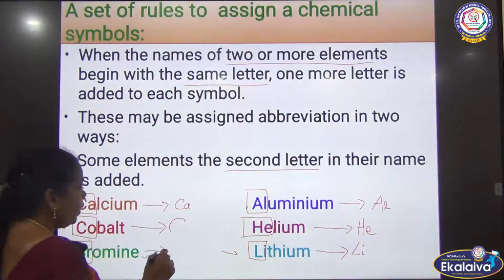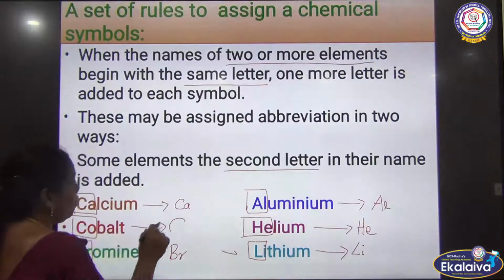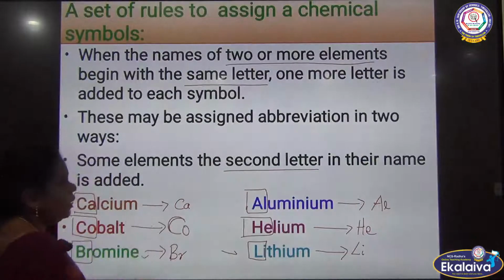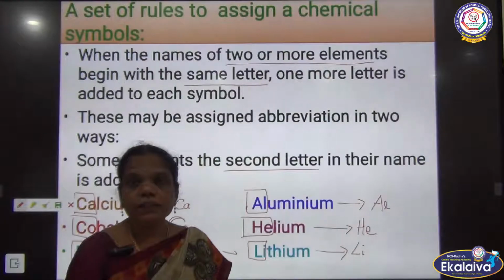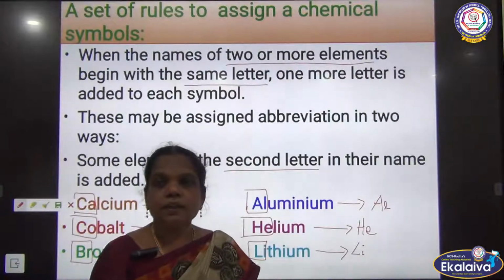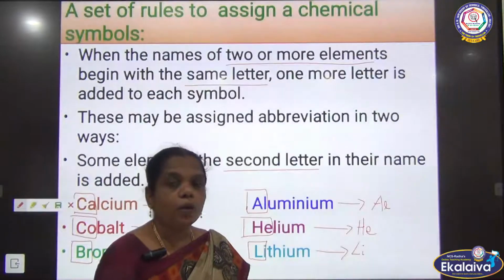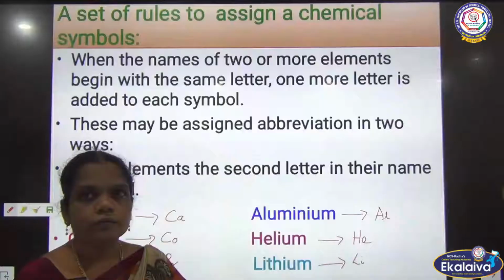And then bromine, Br. And for cobalt, Co. And calcium, Ca. Ca means calcium. What is Al, children? Yes, Al is nothing but aluminium. What is Br? Br is nothing but bromine.